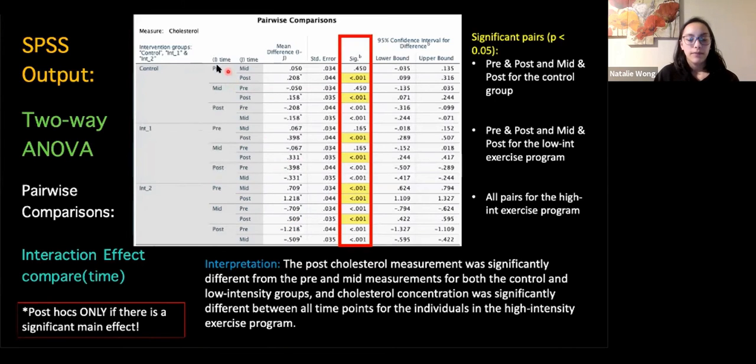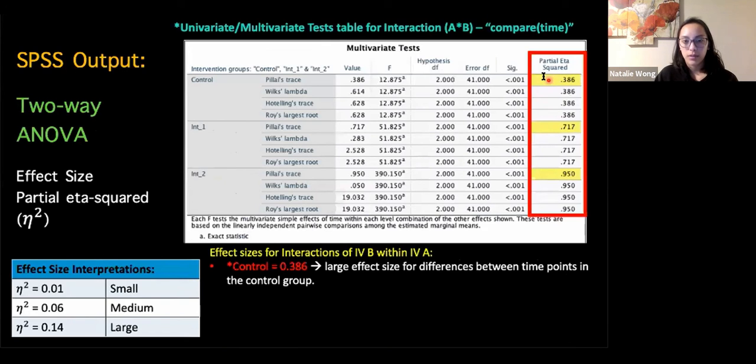These pairwise comparisons were looking at differences between time points within each exercise intervention. So the effect sizes reported in this table tell us the size of the mean differences between time points within each intervention group.